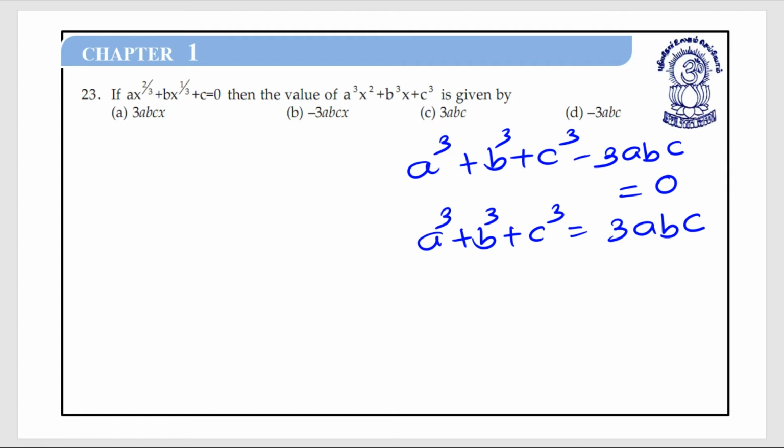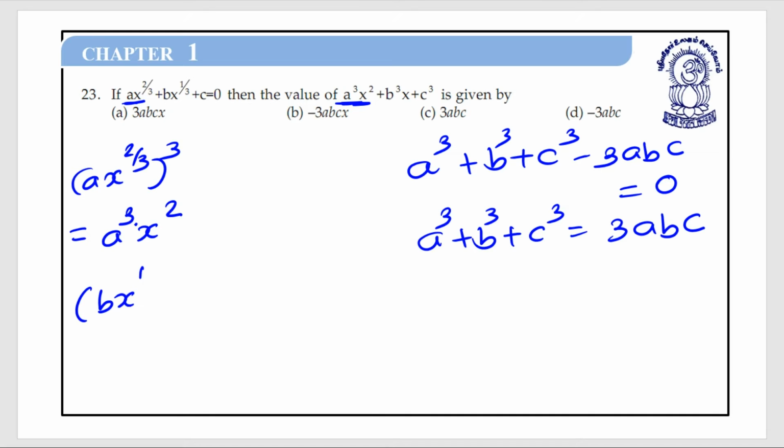Okay. So if we take cube of this, a x 2 by 3 cubed, we will get a cube into x square. Same way, b x 1 by 3 cubed is equal to b cube x.